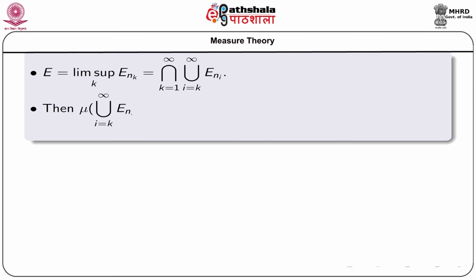Now, see that since each E_{n_i} is measurable, their countable union is again measurable.